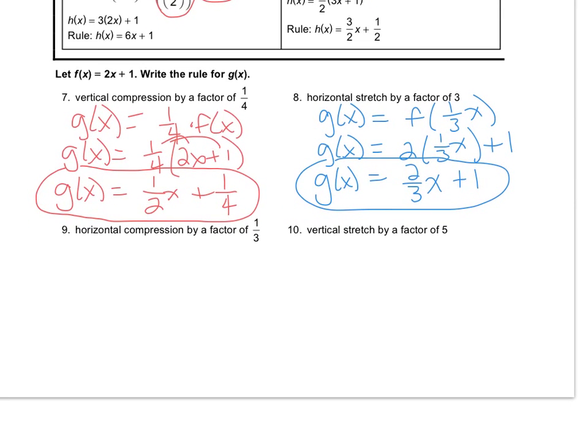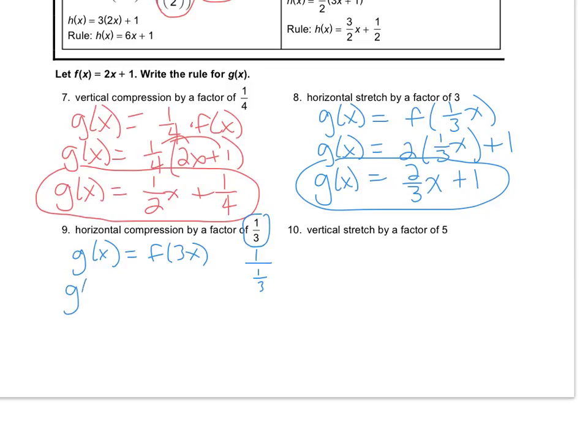Okay, horizontal compression. Horizontal, same idea. So I'm going to start out with g of x equals. I want to substitute in the reciprocal. So it's going to be f of 3x, which of course is the same as 1 over 1/3, but you're simply doing reciprocal, so let's just plug in 3.